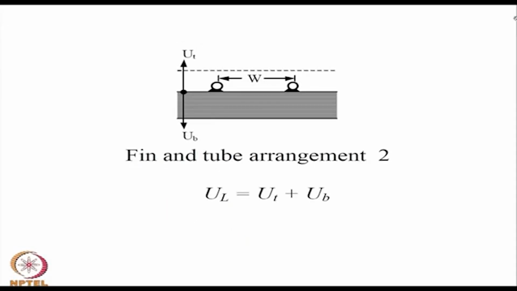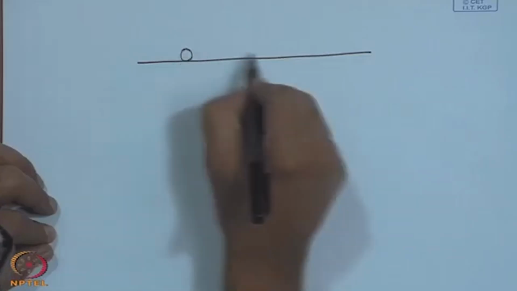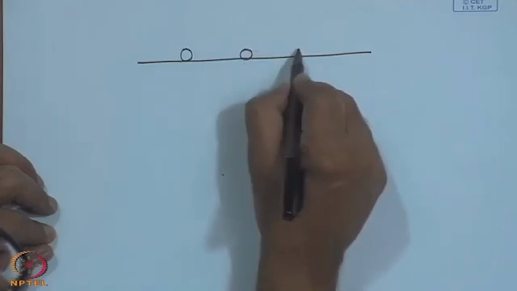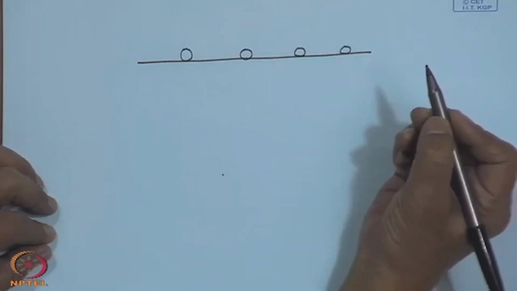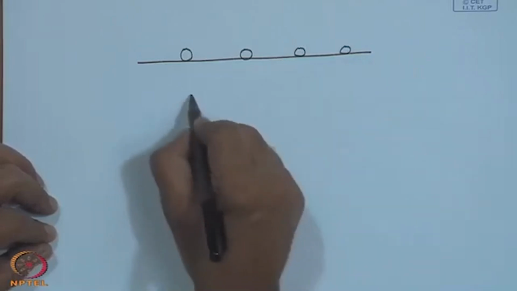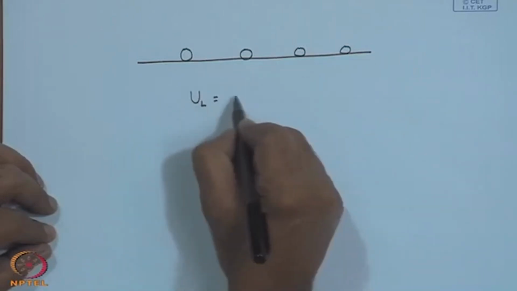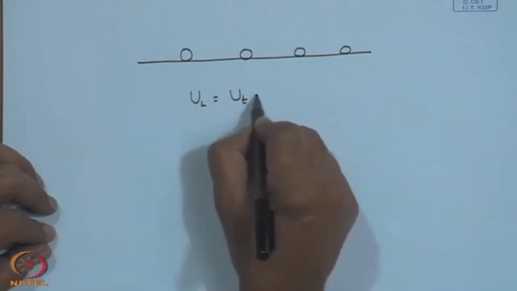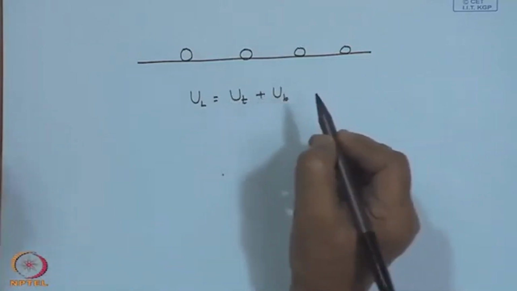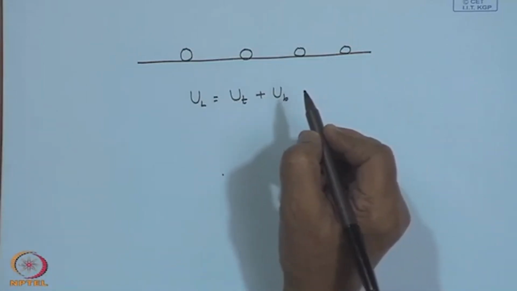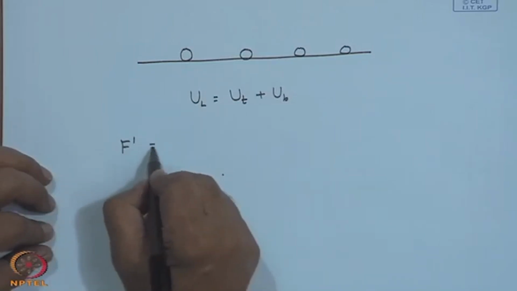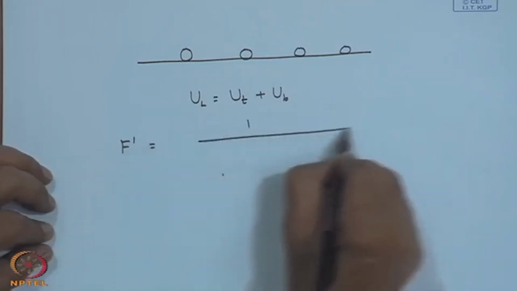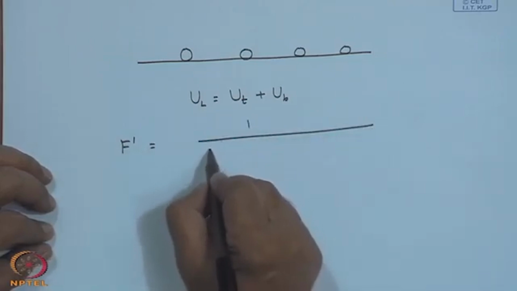And the second arrangement comprises of the same absorber tube, but mounted on top of the absorber plate, where again overall loss coefficient is summation of the top loss coefficient plus the back loss coefficient, and of course, the expression for the collector efficiency factor slightly differs from that for the previous arrangement.